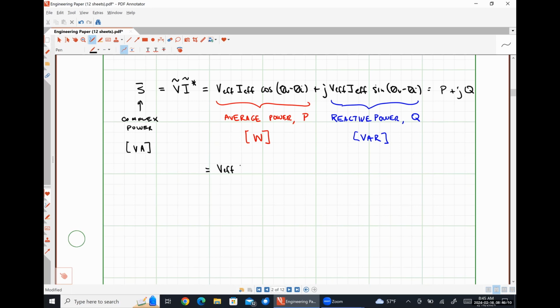So we have V effective times I effective with an angle of theta V minus theta I. V effective times I effective also has a special name. We call this the apparent power.